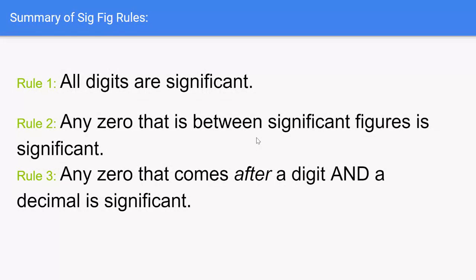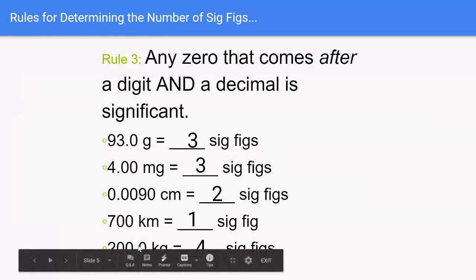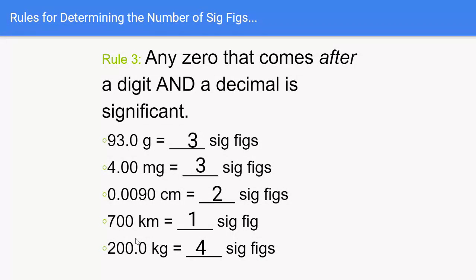Think of it as kind of being a significant figure there, the fact that it's a decimal. So these kind of come between two important things, the 2 and the decimal place. So anyway, that last one, 200.0, has 4 sig figs because those zeros come after the digit and there is a decimal involved.